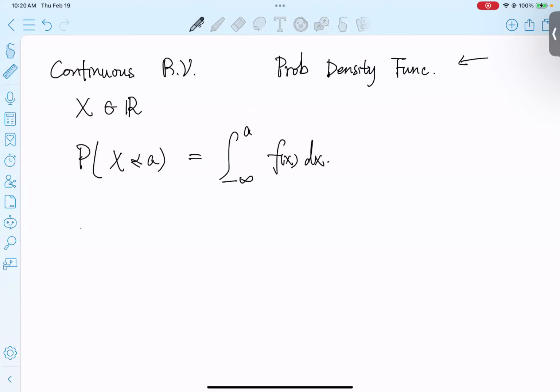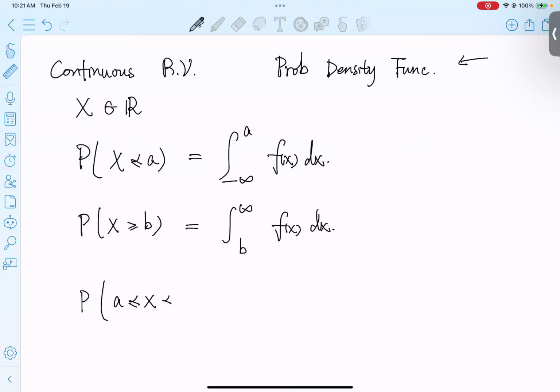If you're interested in the other direction, anything after your quantile or value of interest, then you start from b all the way up to positive infinity, and integrate dx. You can also calculate the range in between those.